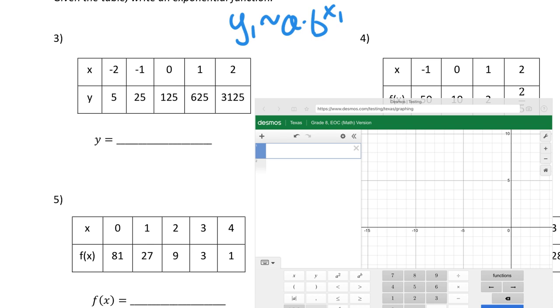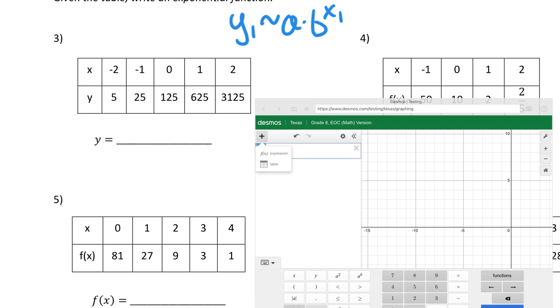I want to create a table. So I hit the plus sign on Desmos, make sure I'm in that first row, hit my plus sign, and pick a table.